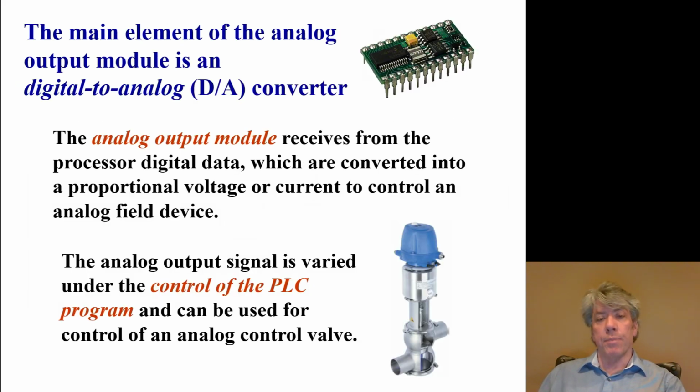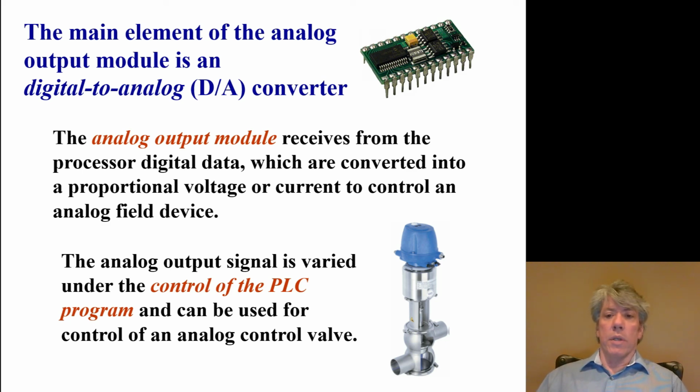They're still very common. On the output side of things, we have to have some digital to analog converter. And what this thing has to do is receive digital data from the processor. Say you want the valve to be a certain amount open. Well, it has to send a signal proportional to the amount that's needed, in either voltage or current, to an amplifier on the valve that actually positions the valve in accordance with the set amount that the converter is demanding, which of course comes from your program.